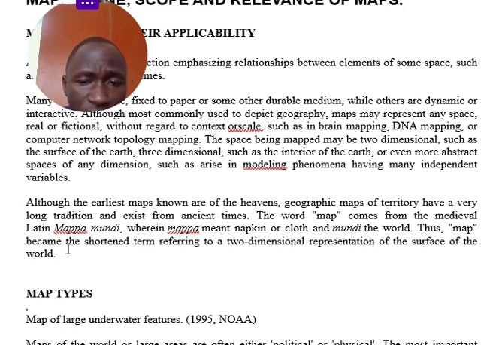In other words, some of these maps tend to occupy very large areas depending on the objects that they try to show. In others, they are saying that they are abstract. In others, they are rich in information once researched and taken, or photographs once they are taken. So those are what we call maps.